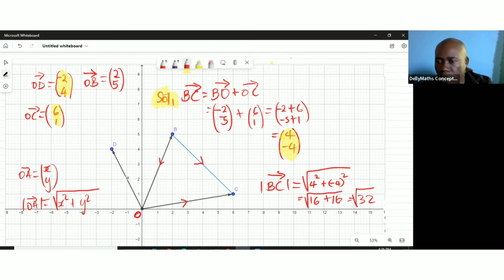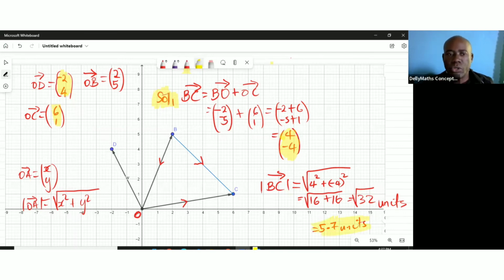So this is the answer, root 32 units. But if I'm writing that in decimal, to 1 dp, I'll have 5.7 units as the magnitude of BC. All right. So that's the magnitude of BC there.